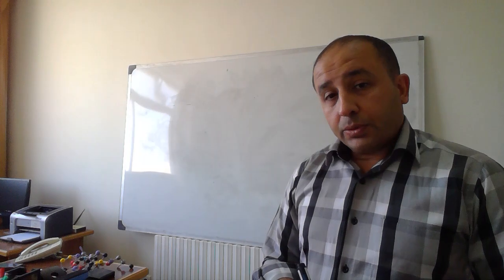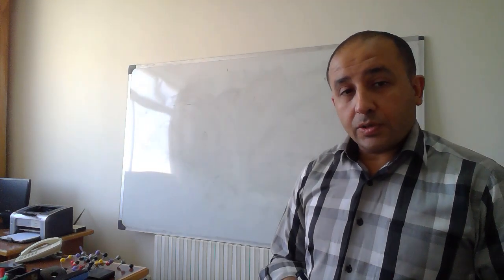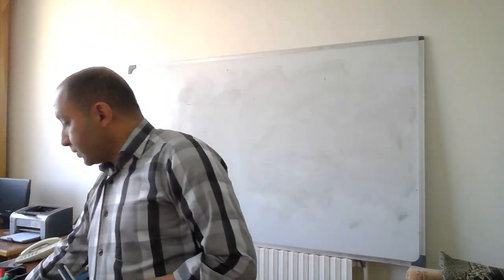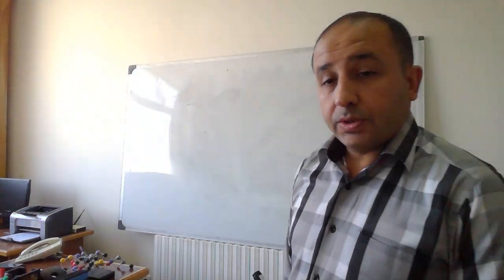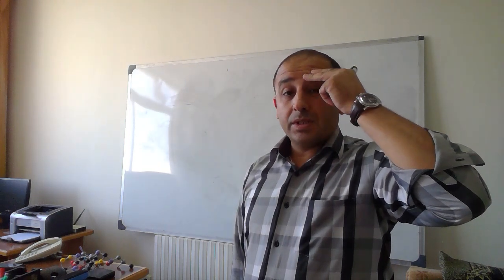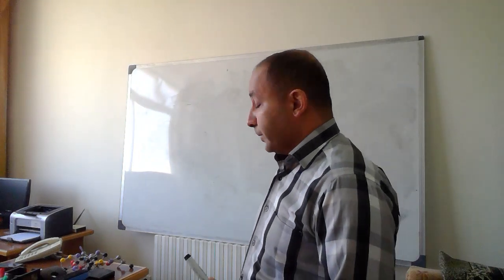So today we will continue talking about the other parts of gas chromatography. I strongly advise anybody who wants to watch this lecture to watch the video of GC, which is already sent to you.